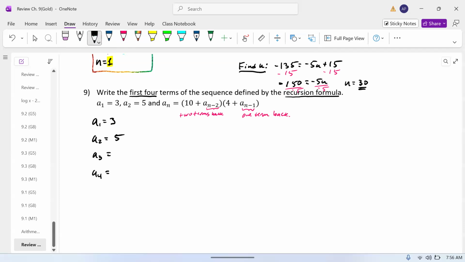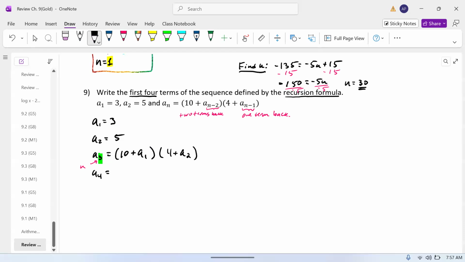If we're talking about a sub 3, we're going to have 10 plus a sub n minus 2. This right here is your n, so n minus 2 would be a sub 1. Once again, it is 2 terms back. So for the third term, 2 terms back is the first term, times 4 plus a sub n minus 1, which will be a sub 2.